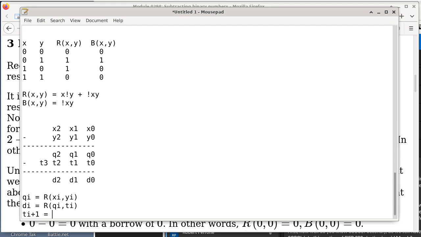Okay? Is it just like addition, not going to be possible to have both? Yep. So it's the borrow of xi yi. Now this time I'm going to use arithmetic plus, okay? And then we'll figure out, can we replace it with an or? And then we have the borrow of qi and ti. Okay. All right.